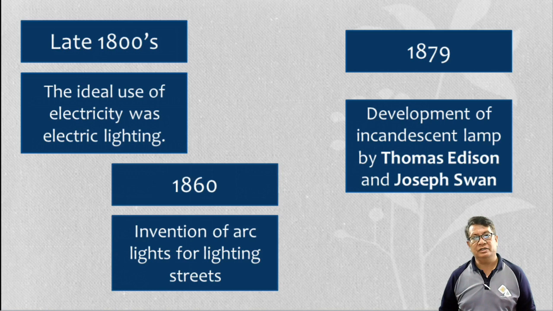But maybe the most famous person who invented the incandescent lamp was Thomas Edison. Yun na po yung pinakaunang lighting device or bulb na ginagamit natin, yung na-invento ni Thomas Edison na incandescent bulb.